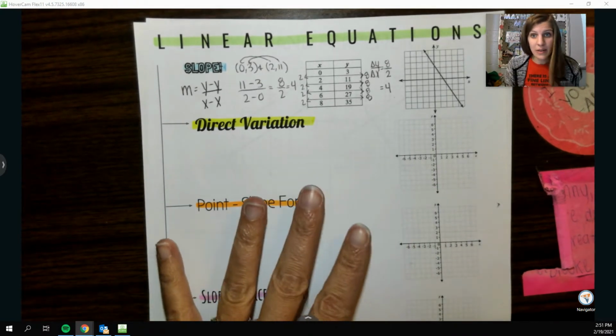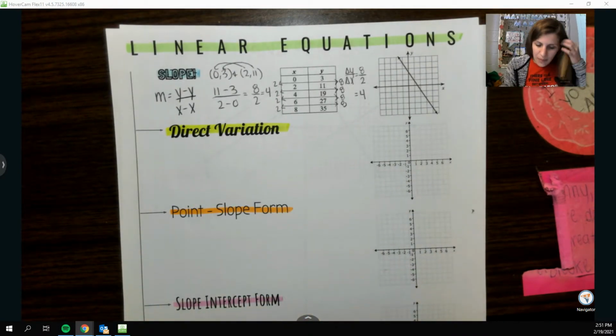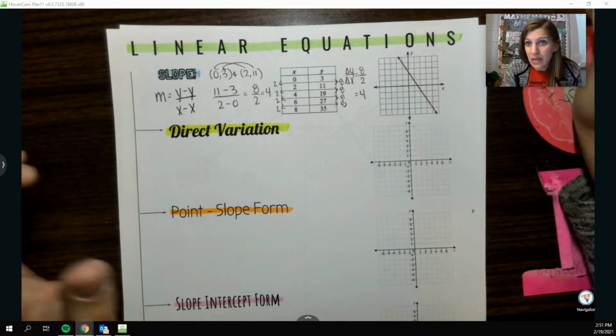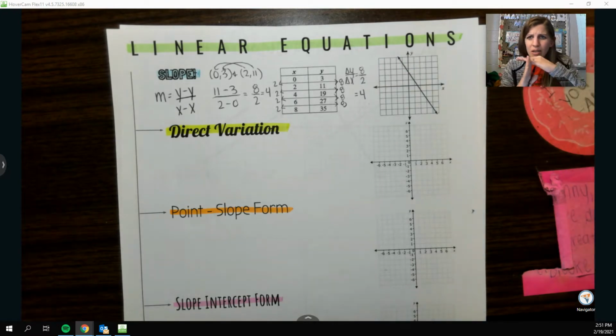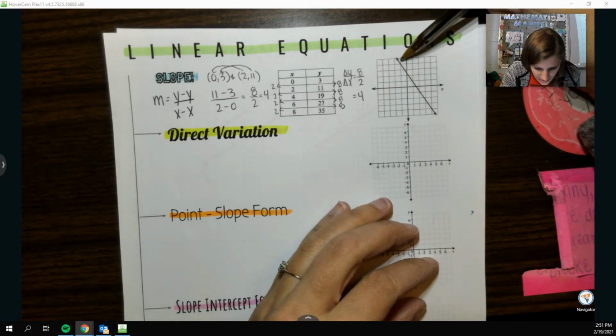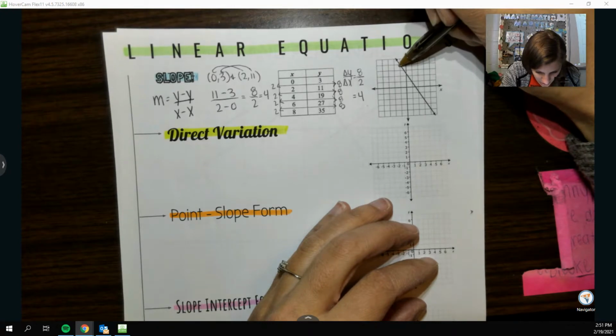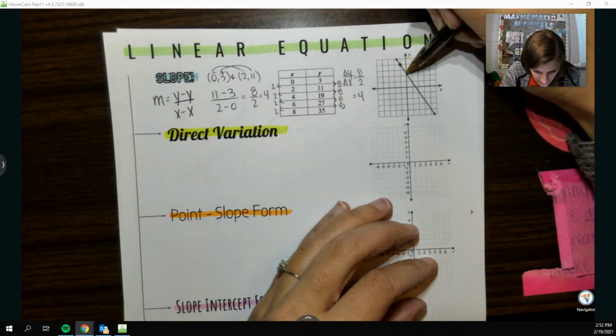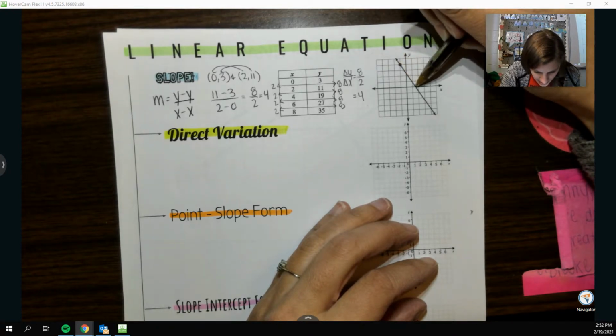Now we can also find slope when we're looking at a graph by counting the rise over run. So you have to find 2 really nice points. And when I say really nice points, I mean points that go through the crosshairs of the graph. So as I look along this line, I see one really good one right here, and then another really good one right there.